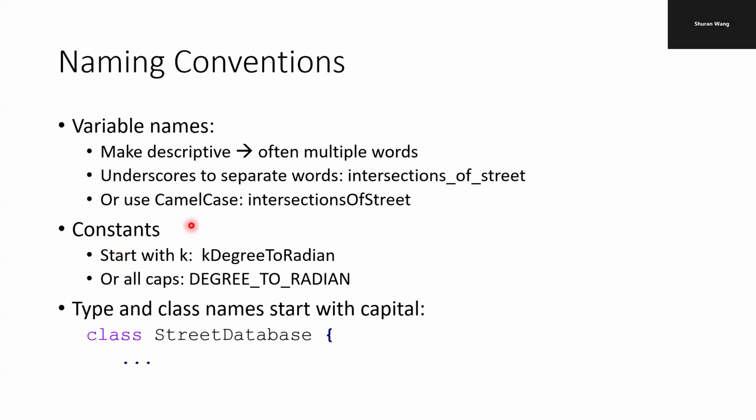Constants, you can either make it start with K and use camel case, or you can make it all capitals. I would personally choose all caps because this is really clear that this is a constant or a global constant. Type and class names always start with a capitalized letter and camel case.